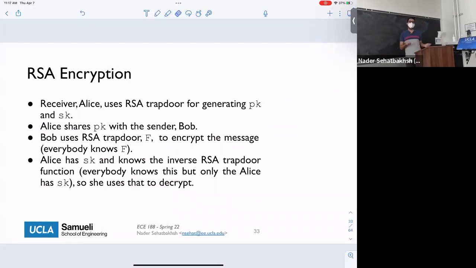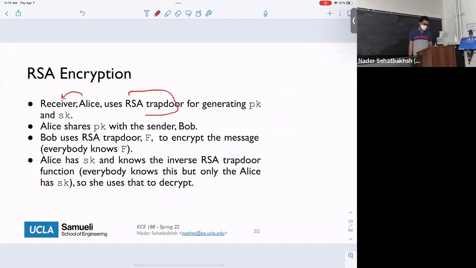So how do we use RSA encryption, for example? Just giving you an example here. Let's say we have two users, Alice and Bob. Alice is the receiver. What she does is use the RSA trapdoor function to generate her public key and secret key. Remember, we had this generator function.